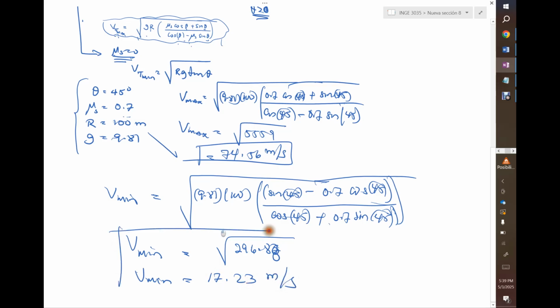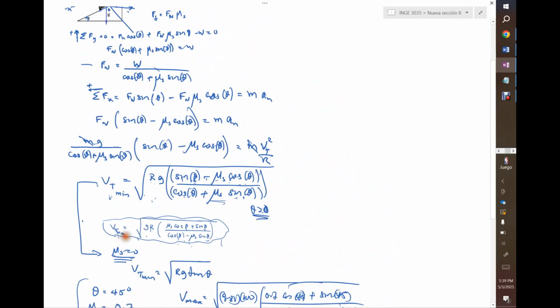So that's the minimum speed so that the car will not fall from the banked curve. You have to have a minimum speed because there's not enough friction to hold the car in place. So v min is 17.23 meters per second. It's about 40 miles an hour or so. But then the maximum speed is way above, around 150 miles an hour.